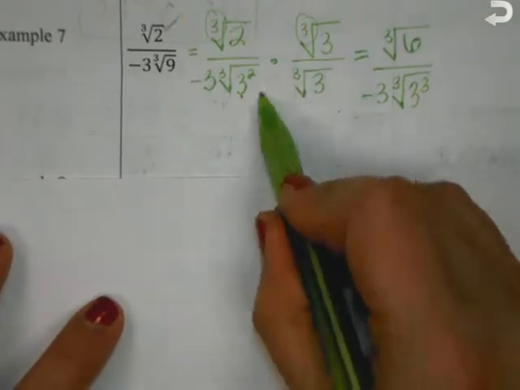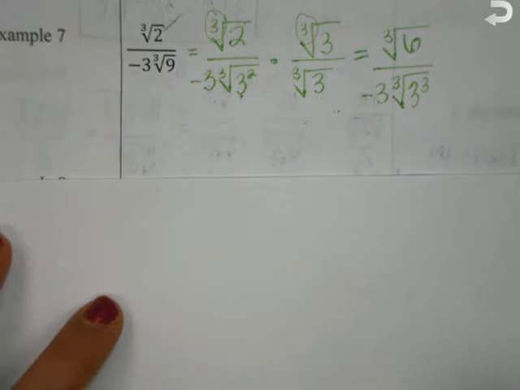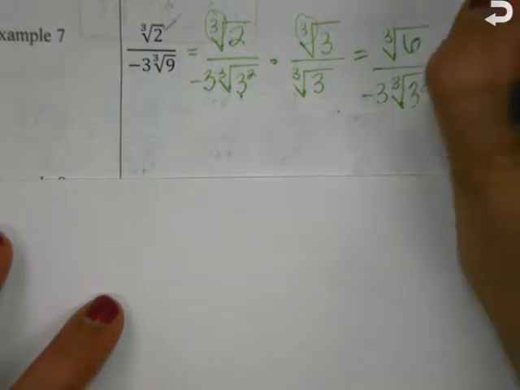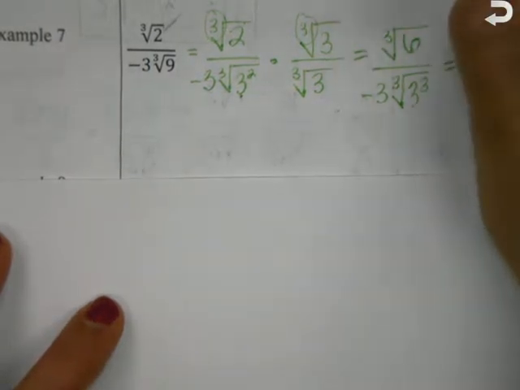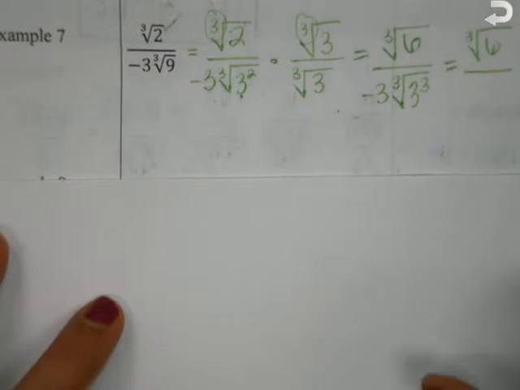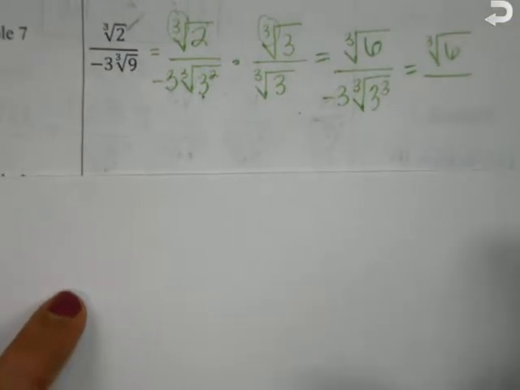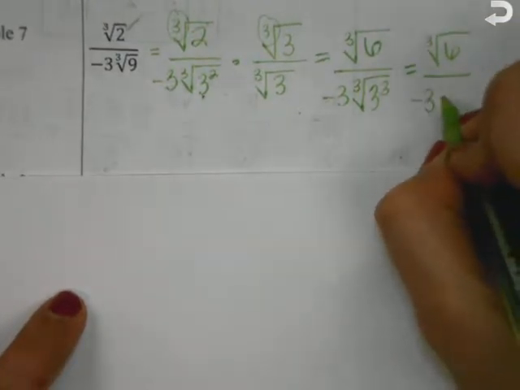Okay, so this is the cube root of 6 all over negative 3 times, what's the cube root of 3 cubed? 3. So this is negative 3 times 3.